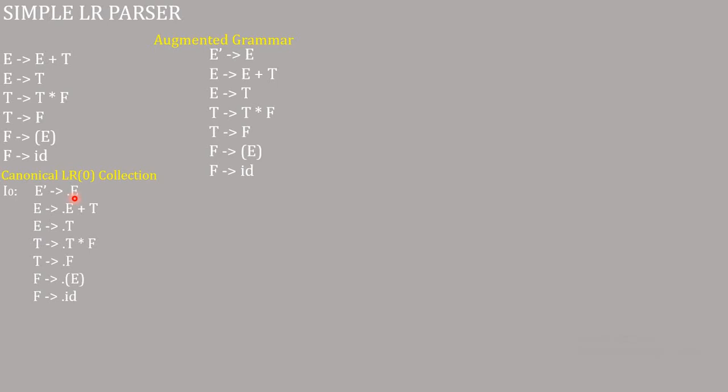Okay, fine. Now, in the canonical LR0 collection, we have to perform two operations. One is the closure operation and the other one is the goto operation. Whenever we are constructing an item set, and I0 can be called an item set, if the dot is followed by a non-terminal, then we have to go with the closure operation.